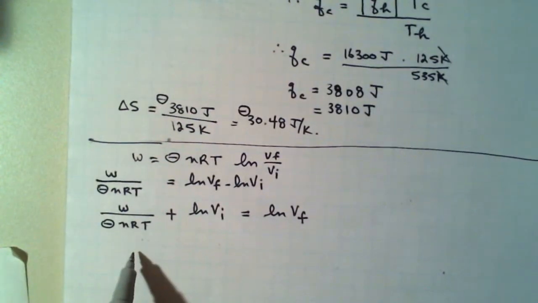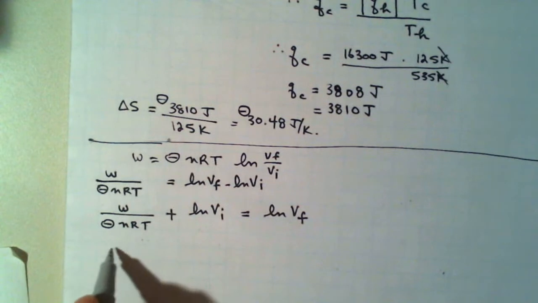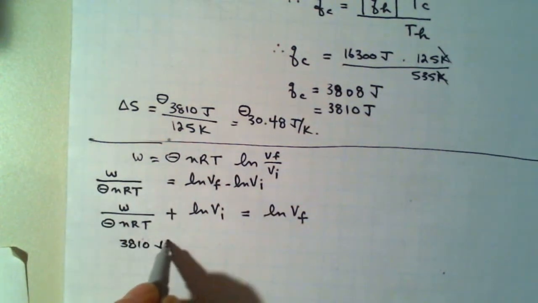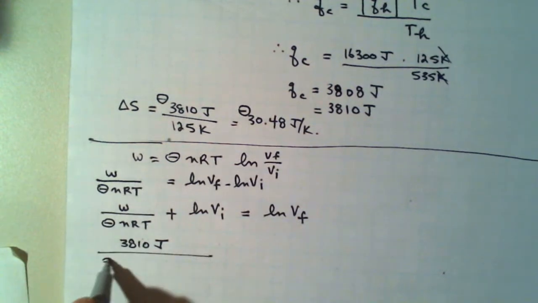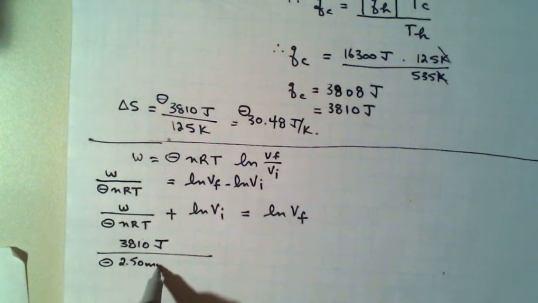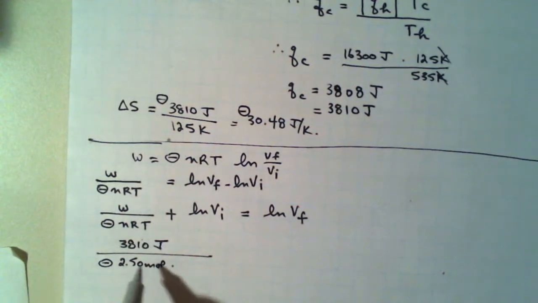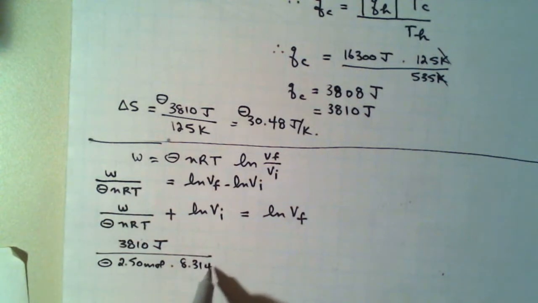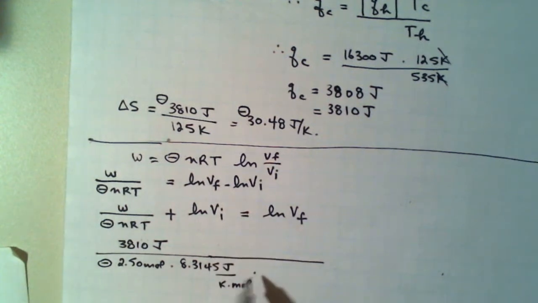So the work was a positive 3810 joules. That's divided by a negative 2.50 moles. I wasn't going to do this, but I will do it all out. What value of R? Joule per kmol. We made that mistake already, so I have to make it twice.